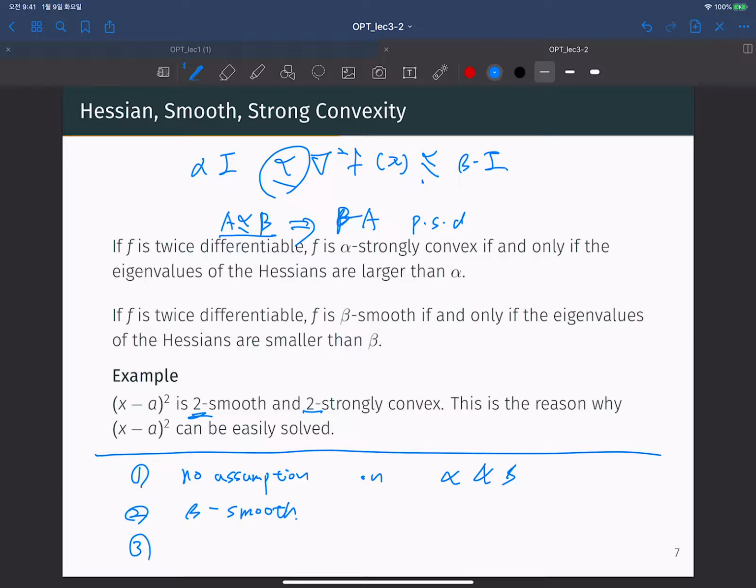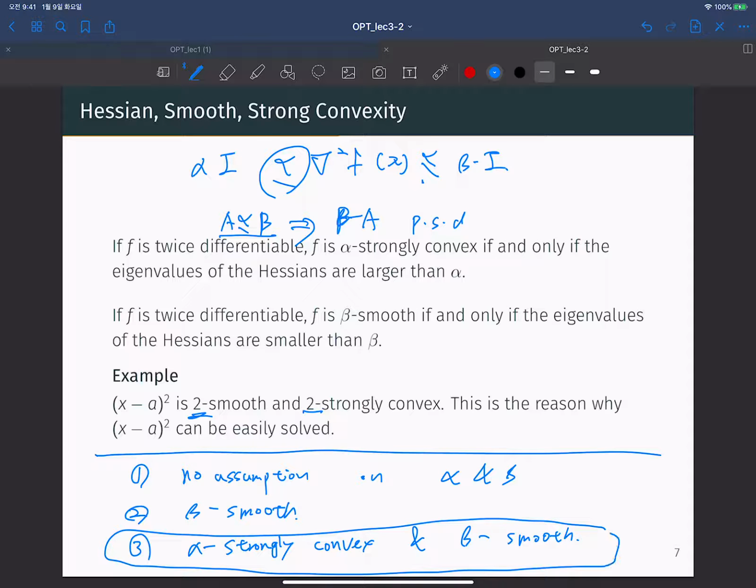And the third one is the case where we have alpha strongly convex and beta smooth. The three cases will have different convergence rates. And of course, the third one has the strongest condition and the strongest convergence rate, and we will discuss it.